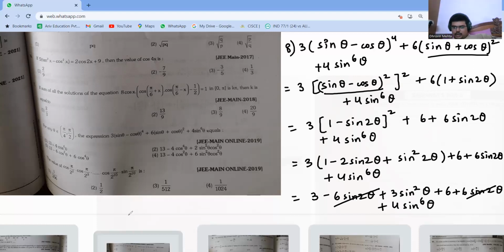So we are getting 9 plus 3 sine square theta plus 4 sine raised to 6 theta. इंटरेस्टिंग. इसको और सॉल्व करके हमें चेक करना है कौन सा ऑप्शन करेक्ट है.